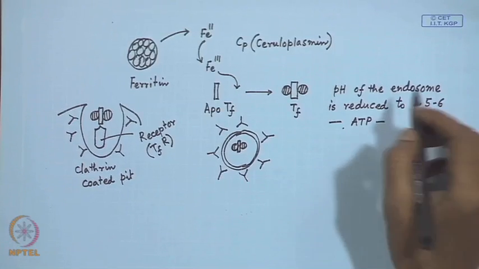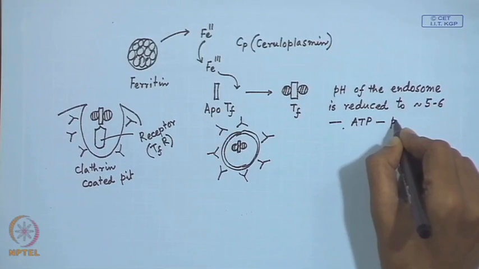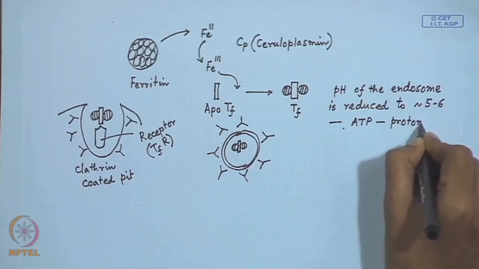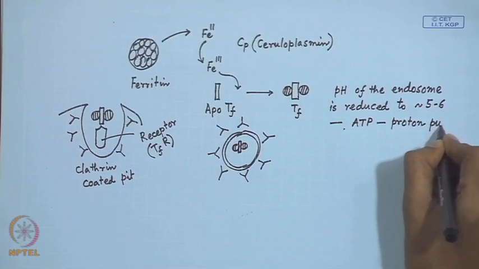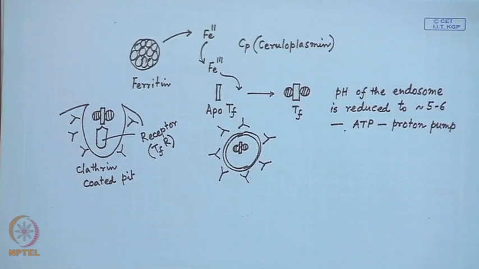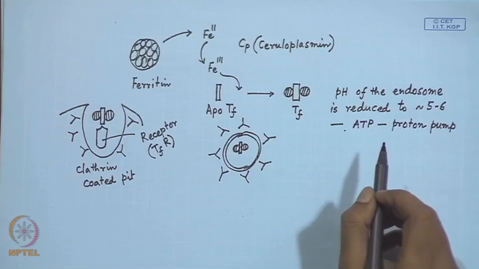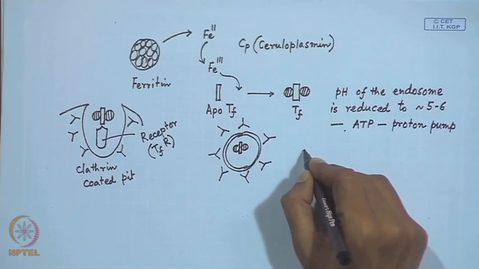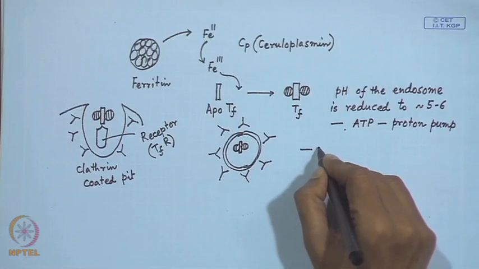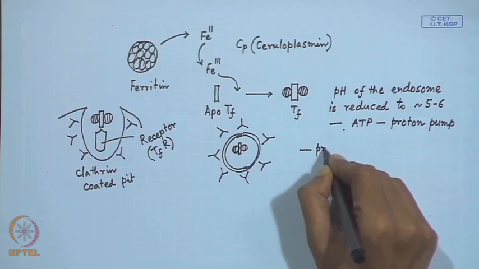So, when ATP dependent proton pump is involved, this particular proton which is available there is responsible for the protonation of the bound carbonate.